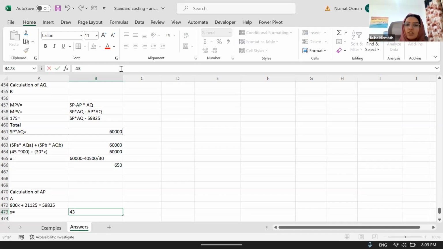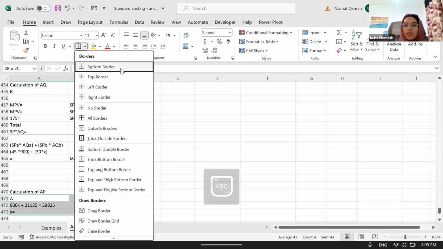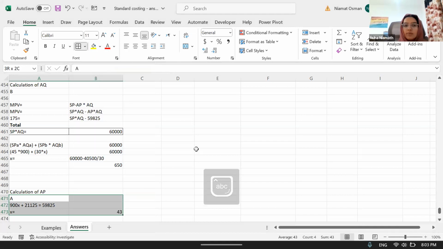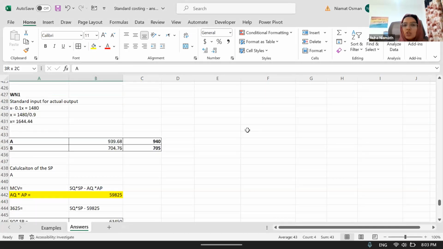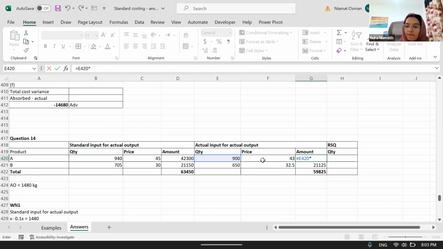Yes, correct. So that is 43. I hope everybody has arrived at 43 as the final answer. So we can put this in our amount. 43. So that will be 900 into 43.